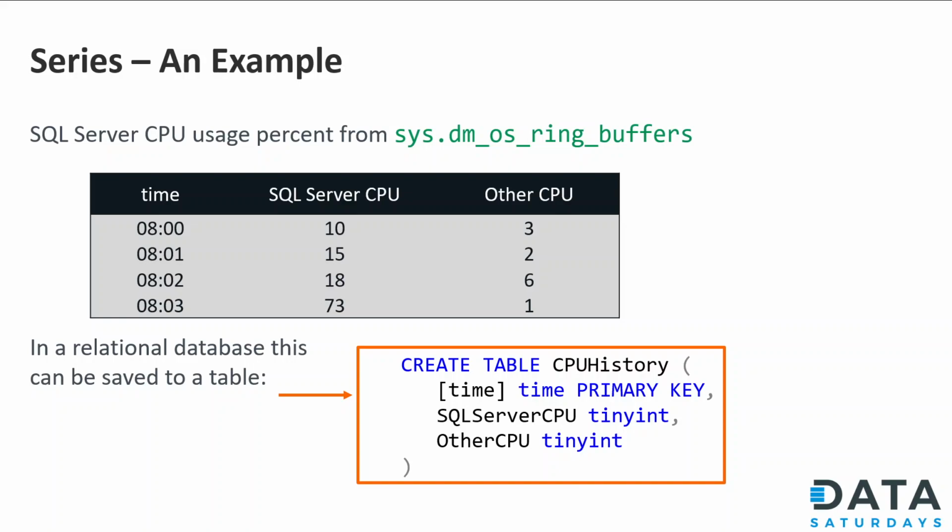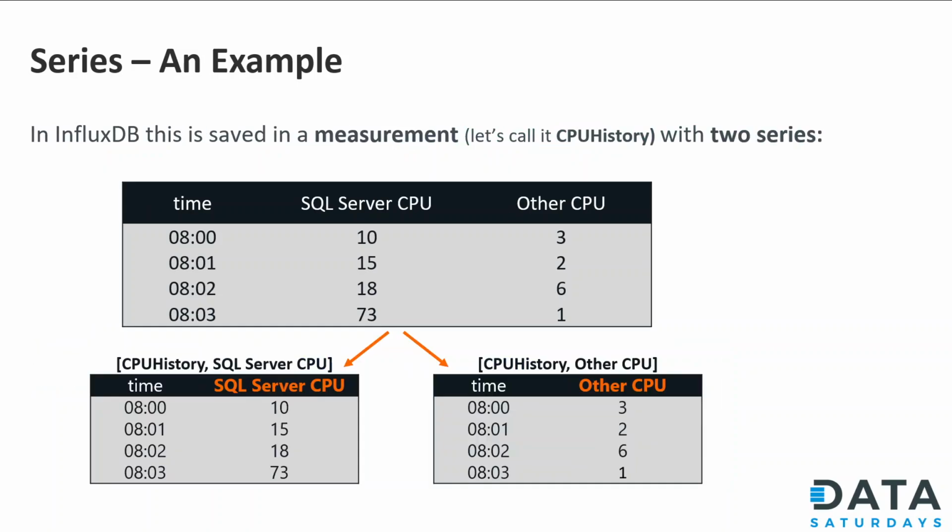So what you get in this case is some data that, if you want, we could store in a relational table in SQL Server itself. But what we want to do instead is store it in InfluxDB. Let's see how we do this. As we said, this needs to go to a measurement. We can call it CPU history, so that's the name of our measurement.